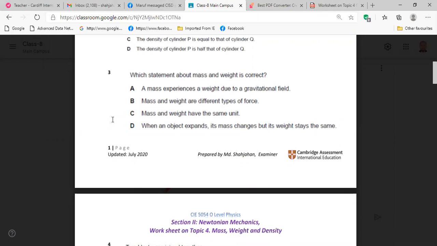Which statement about mass and weight is correct? A body experiences weight due to gravitational force. Mass and weight are different types of force. This mass changes. Okay, sir, I think it will be... C will not be, because weight is in Newton.